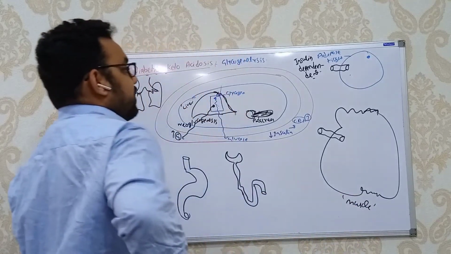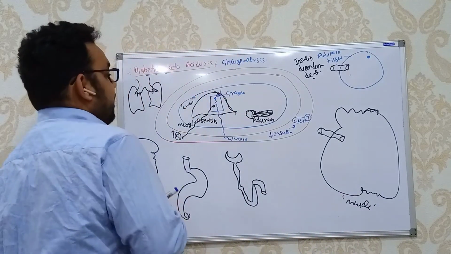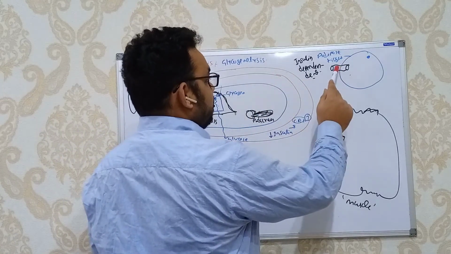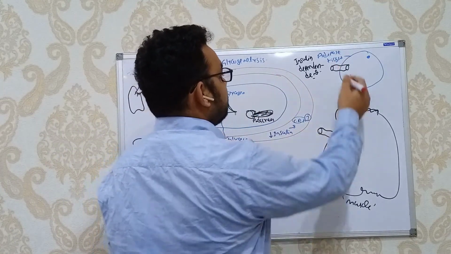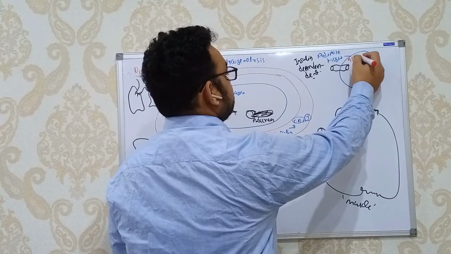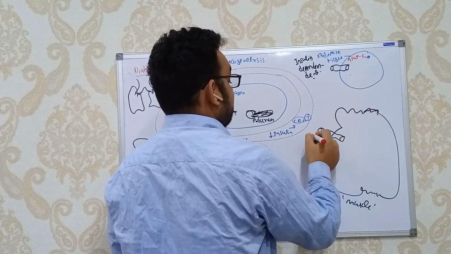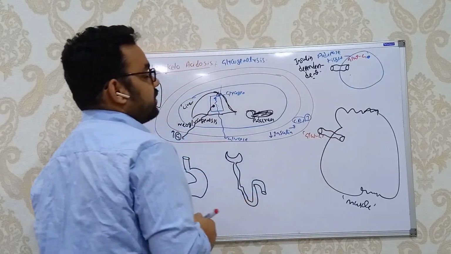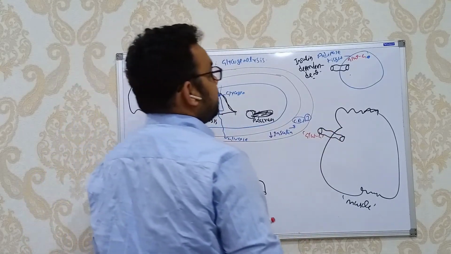Now, what type of problem is here? In type 1 diabetes mellitus, we know that there is severe deficiency of insulin, but these GLUT4 transporters, this is GLUT4, is also GLUT4 here. Now these transporters can't work, they don't have any function in the absence of insulin.